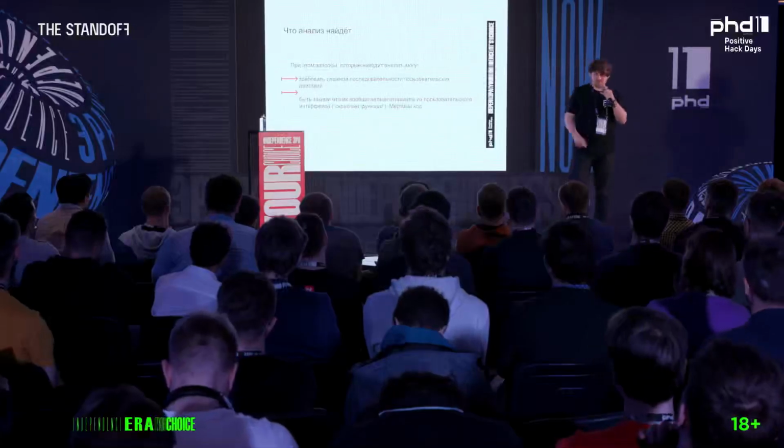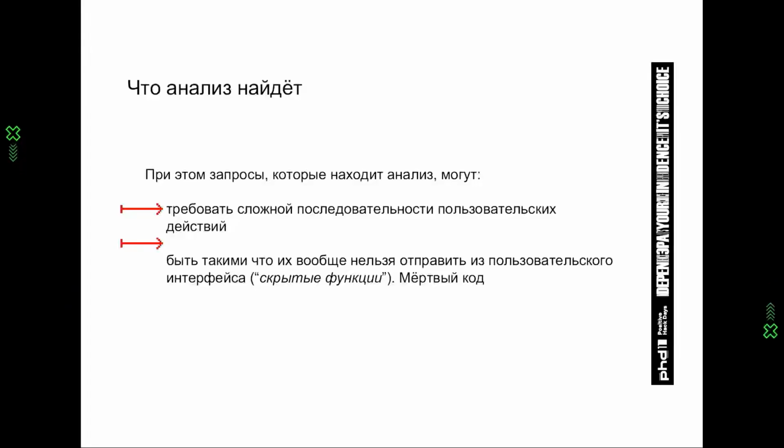Just fetch, and it's pretty easy to calculate the arguments. And these could be triggered with various complicated actions, but it's okay for the analyzer. Sometimes you can't really call it on the web page. We call it hidden functions, but in fact it's dead code.